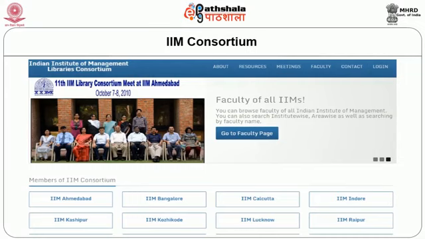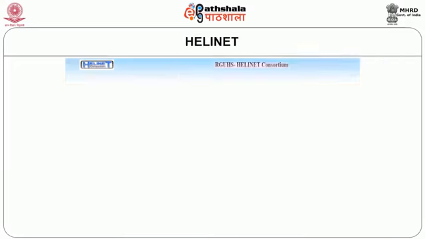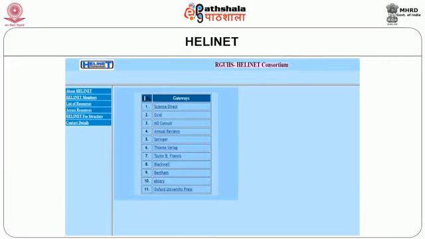Defense Research and Development Organization, Ministry of Defense, is the largest government-funded research and development organization in India, with a chain of over 50 laboratories and establishments spread across the country. DRDO e-Journal Consortium was established in January 2009 to provide access to e-resources to science and technology community of DRDO.